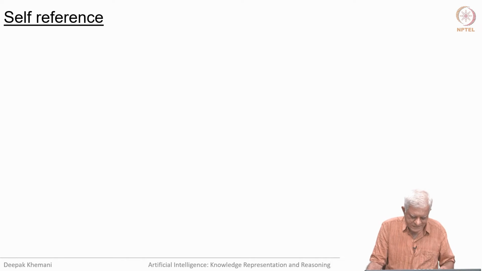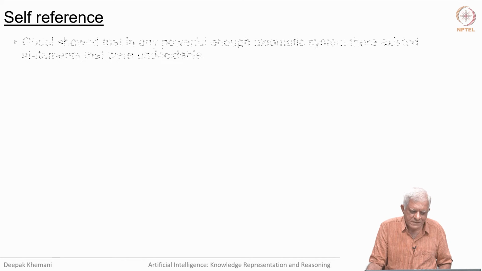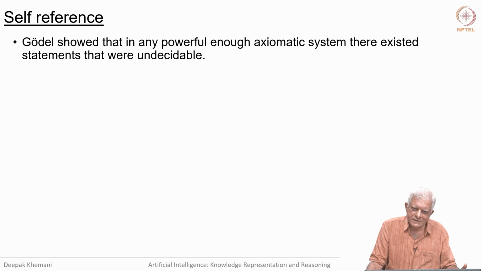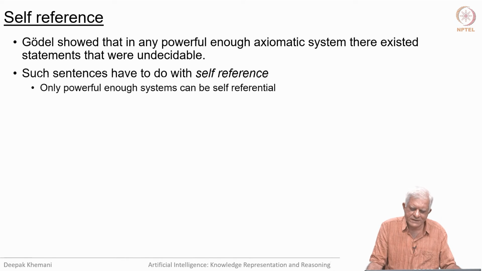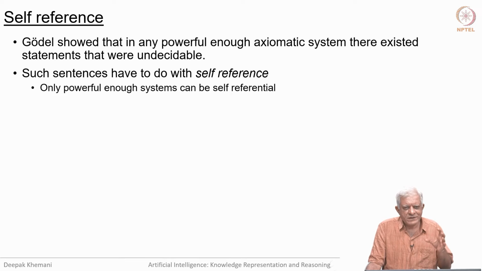This incompleteness was the result of self-reference. Gödel showed that in any powerful enough axiomatic system, there existed statements that were undecidable. And what were these statements? These statements had to do with self-reference essentially, and Gödel gave a procedure of Gödel numbering, and he showed how you can construct a sentence like that.